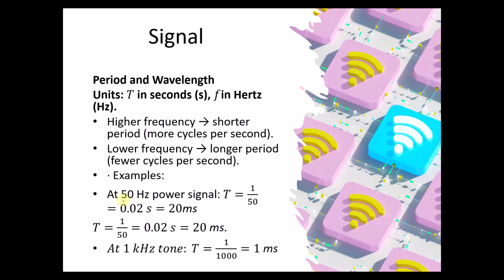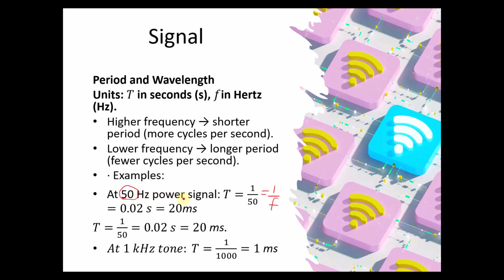So for example, for a 50 Hz power signal, how do we calculate the time? The formula is T equals 1 over F. Here it's 1 over F. The F is this one, 50. That is why it is here.